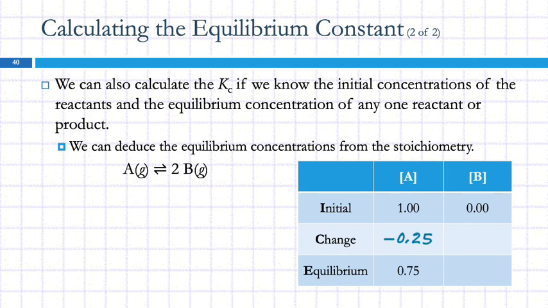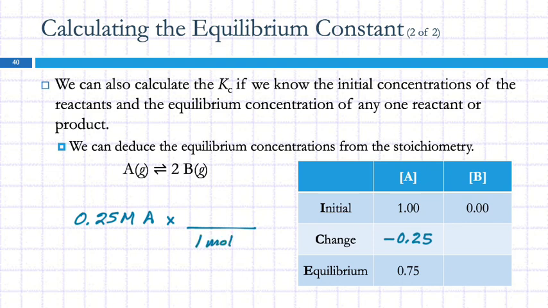If you're not careful, it's easy to do the wrong thing, right? If you're multiplying, you're supposed to divide or whatever. So this change is 0.25 molar of A. And let's not say molarity.